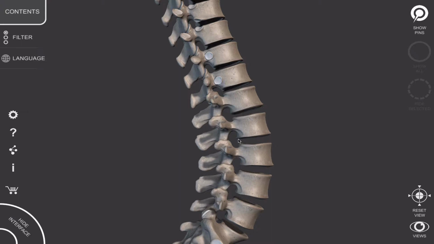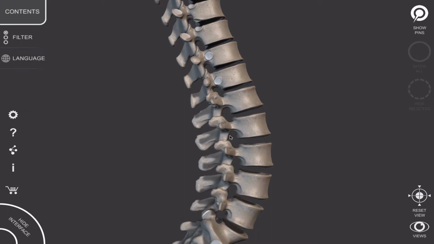It serves a couple of functions. Number one, it serves as a shock absorber or a cushion between 2 segments. But it also holds the 2 segments together and allows for a certain amount of range of motion between those 2 segments.